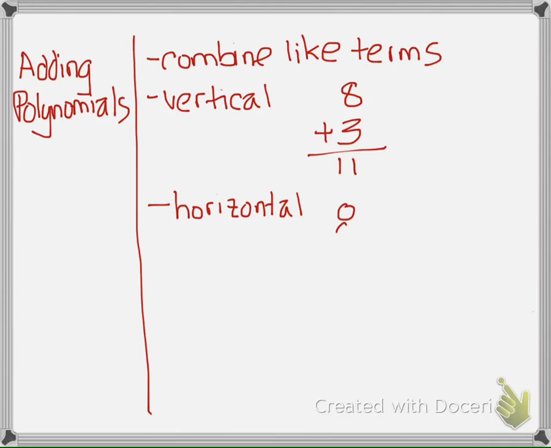Horizontally, we just say, okay, well, I've got an 8, I got a 3, I now have a binomial because there's two terms there. I can combine those like terms and I still get 11. You can go ahead and pause now if you want to continue writing the notes. Otherwise, you can continue by letting it play through.